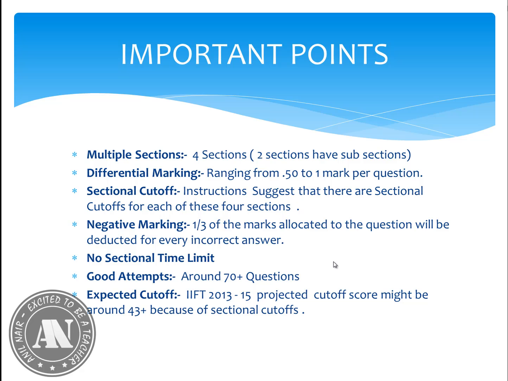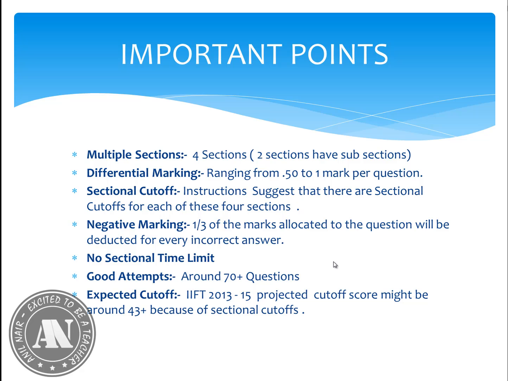The cutoff in the IIFT 2011 paper, the last year's paper, was around 45 marks. And what do you think is the cutoff for the IIFT 2012 paper? Viewers are recommended to make a note of this point. In 2009 and 2010, the cutoff for IIFT was around 36 to 37 marks.